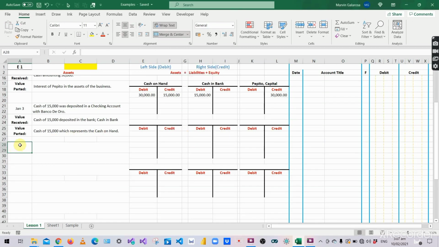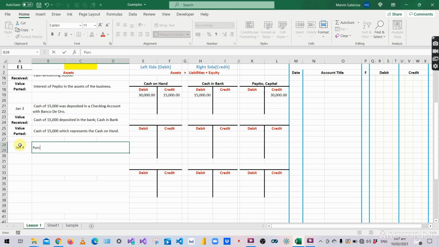Sunod naman na transaction. On January 4, purchase goods intended for sale amounting to 5,000 pesos. Dagdagan pa natin ng additional information.